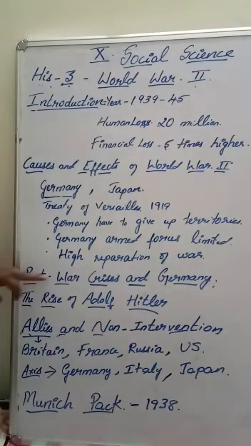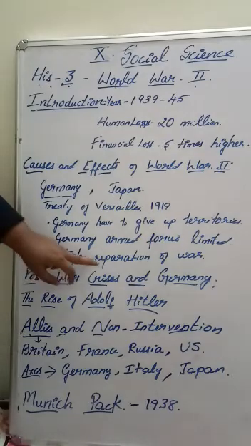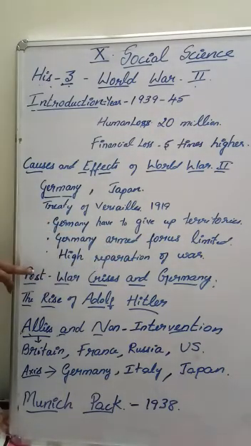Now we'll see the post-war crisis in Germany. After the First World War, Germany faced massive unemployment and its economic condition went very low. Because of this, there was right-wing dictatorship in Italy, Germany and also Spain.